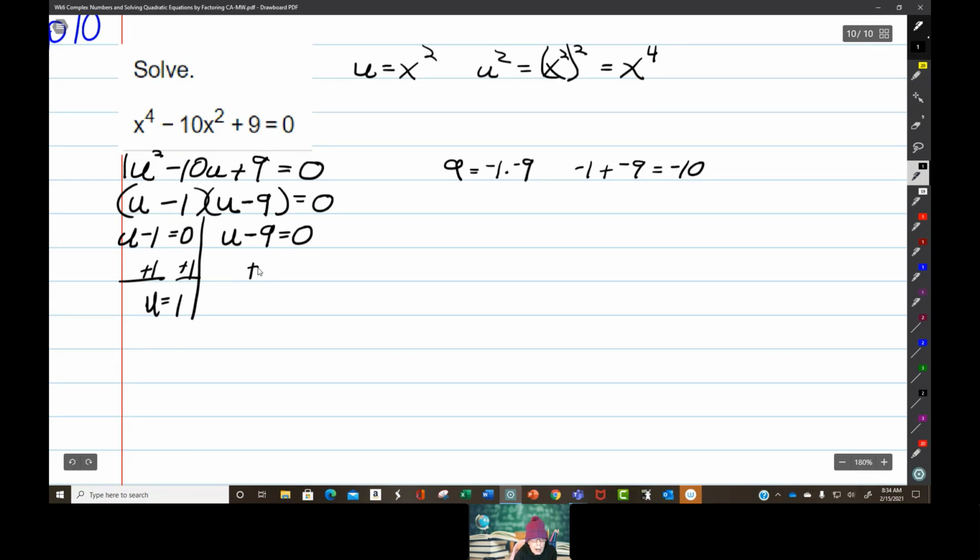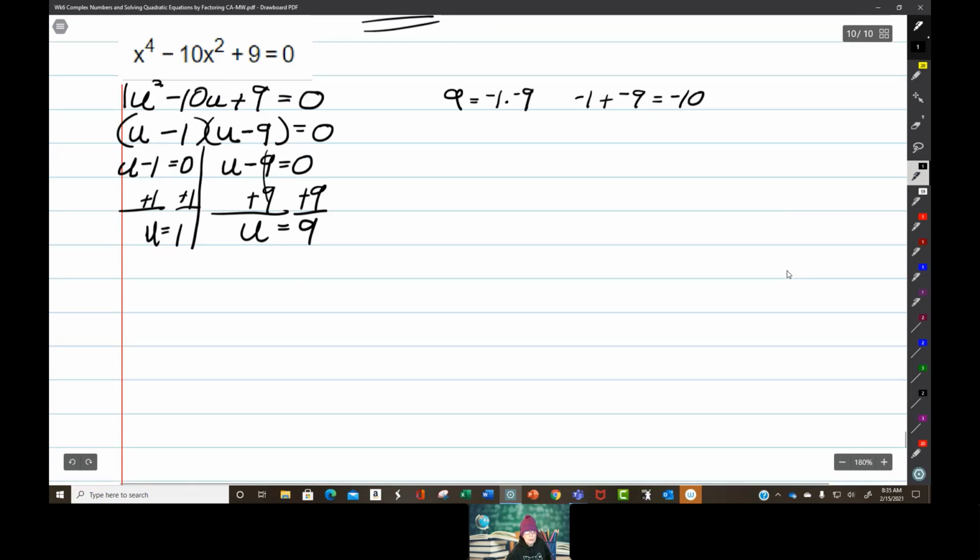And I add 9 to both sides, and I get u equals +9. Really? Yeah, all right. Well, that's great. I feel like I'm done, but I'm not, because look what u equals. U equals x squared.